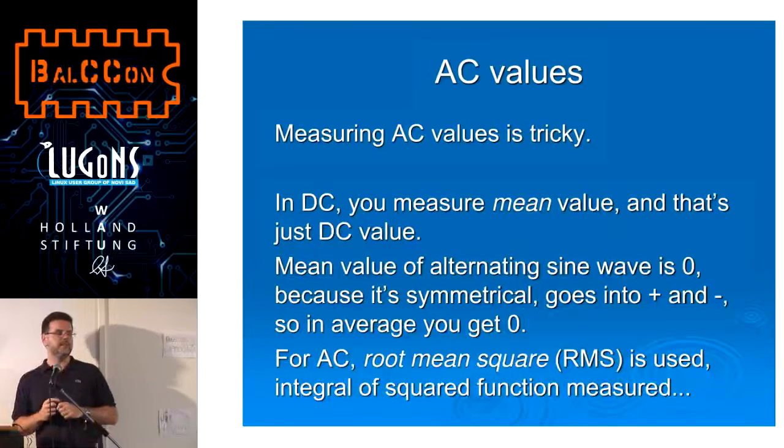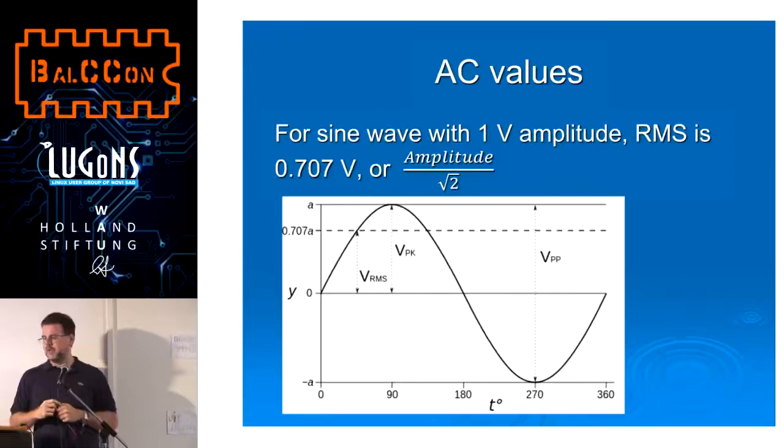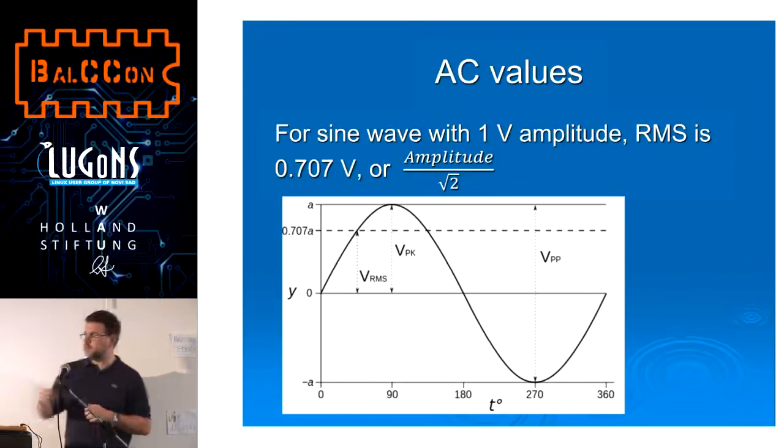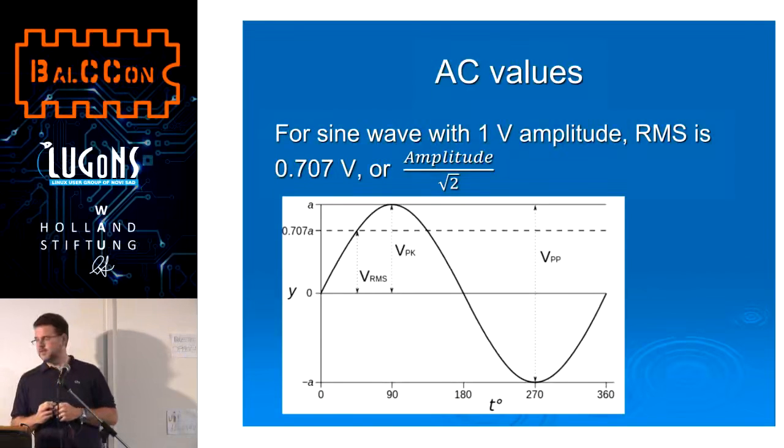DC is easy. DC doesn't change over time. AC changes, and this is a typical sine wave that changes through time. Measuring a sine wave is not like DC, you can't do that. Why?